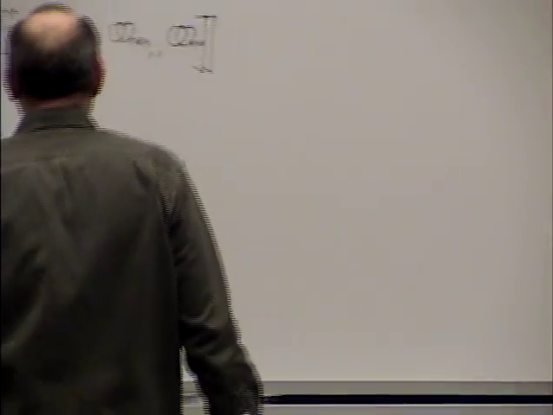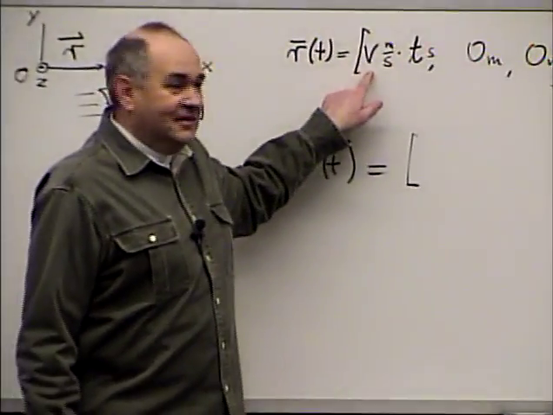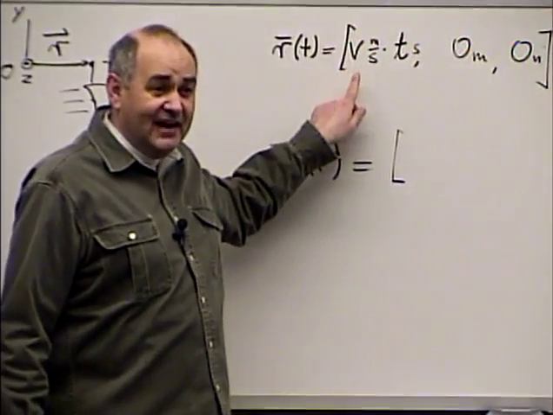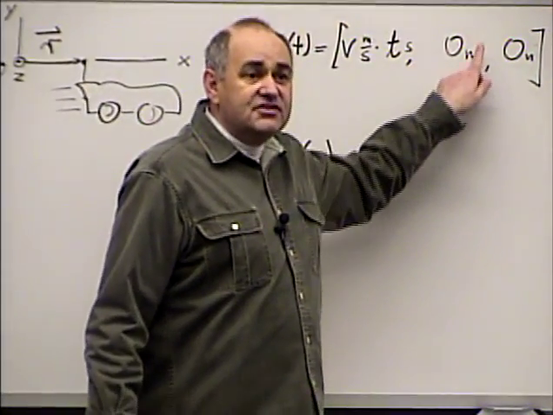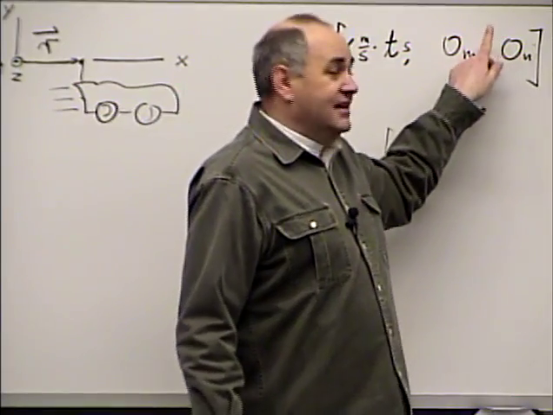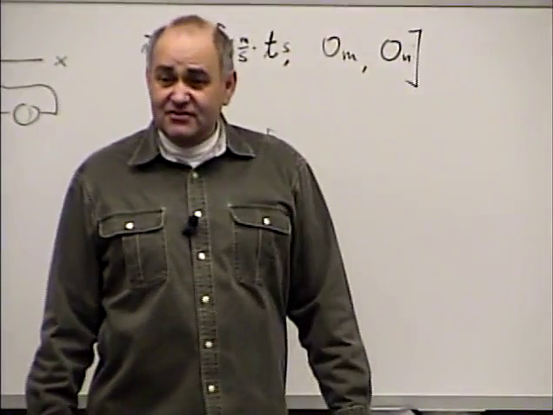Who knows it? Take a derivative of each component. Correct. We have to take the derivative of the three functions which we have in the position vector. Here, the x component is a linear function of time. The y component is a constant function of time, and the z component is a constant function of time.